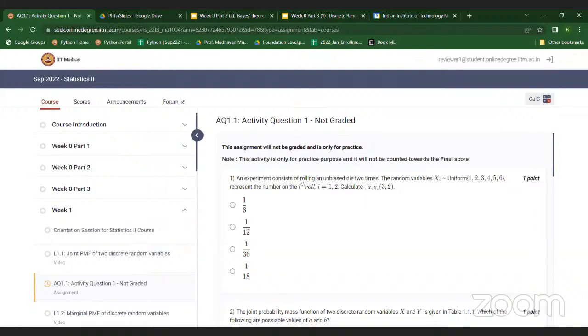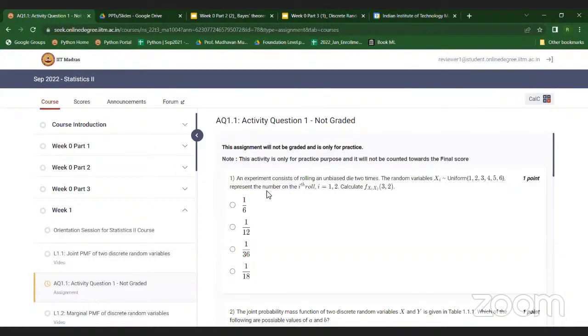What they're asking for is the joint probability of (3, 2), which means X1 equals 3 and X2 equals 2. Since it's rolling an unbiased die 2 times, the first roll is independent of the second roll.